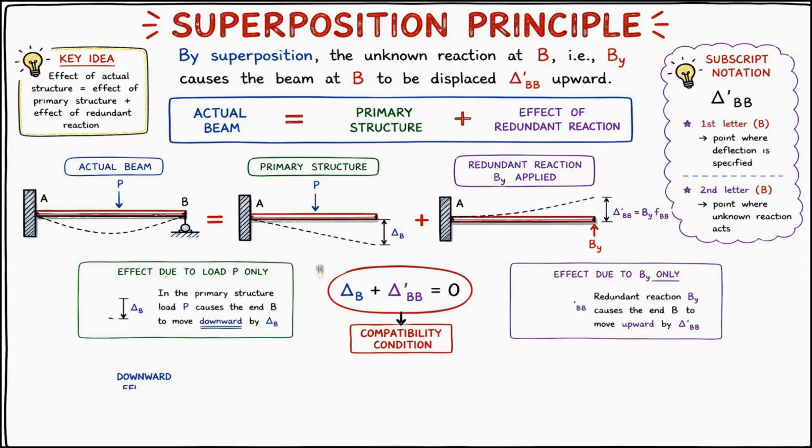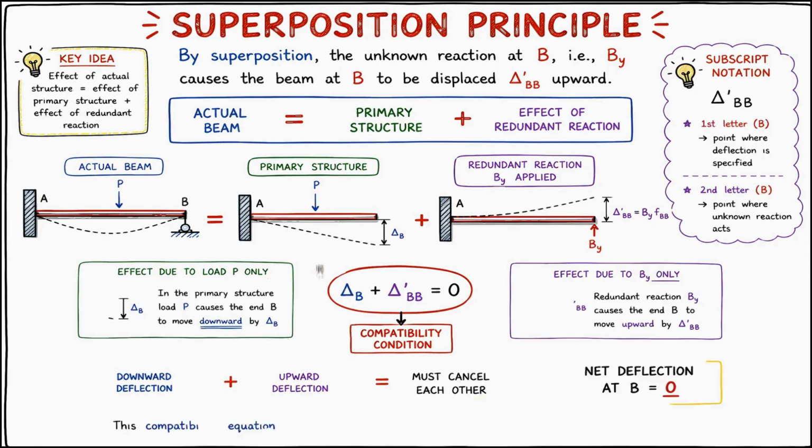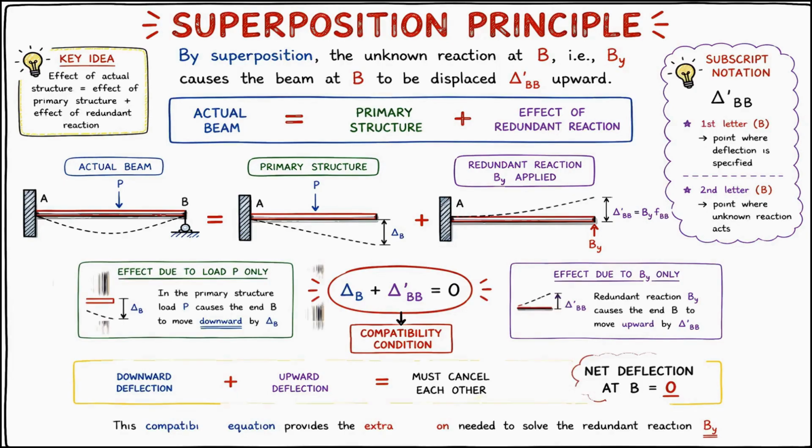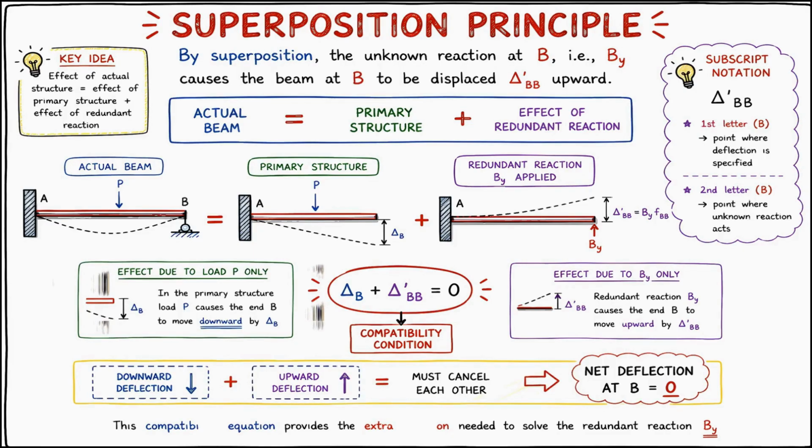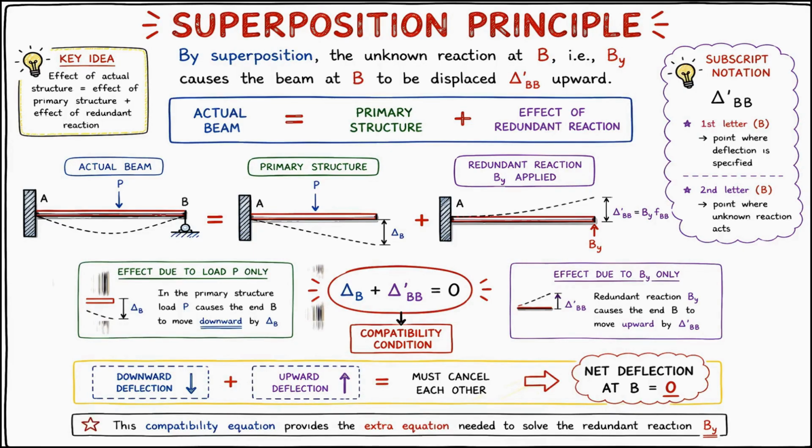This force causes an upward displacement. Let us call it delta BB dash. Now, think about the actual structure. Support B cannot move, so the downward displacement and upward displacement must cancel each other. Delta B plus delta BB dash equals 0. This is our compatibility condition.